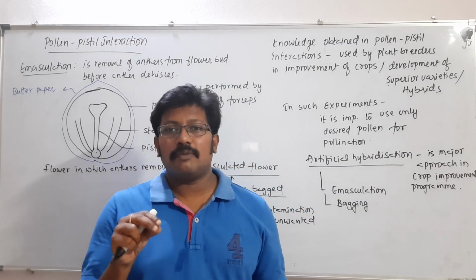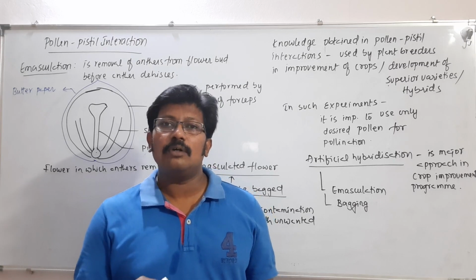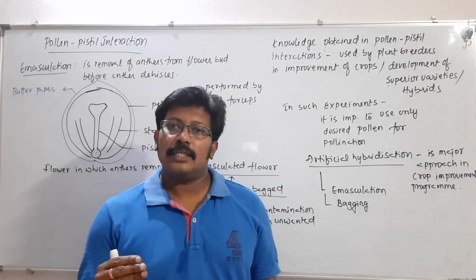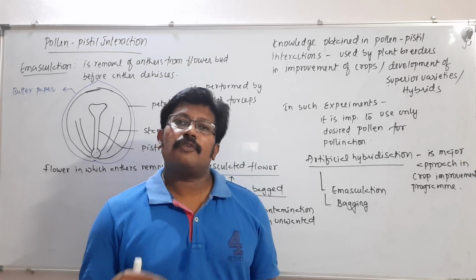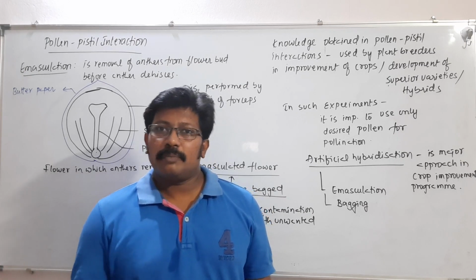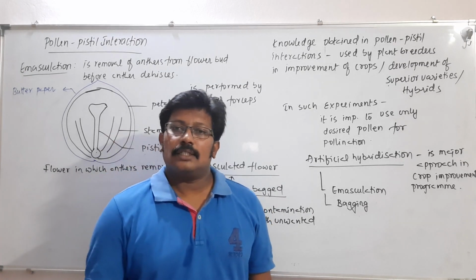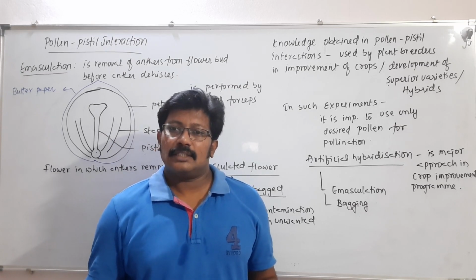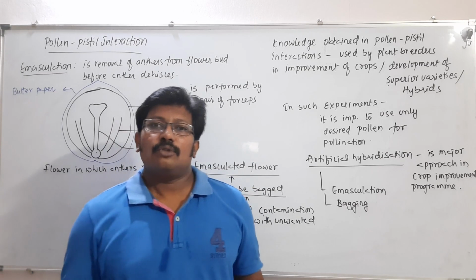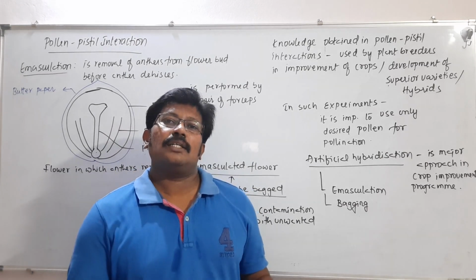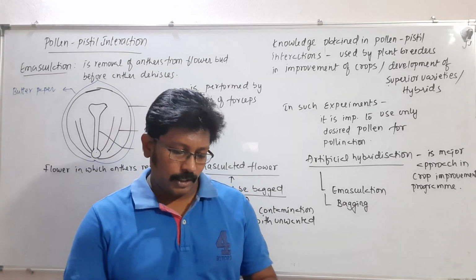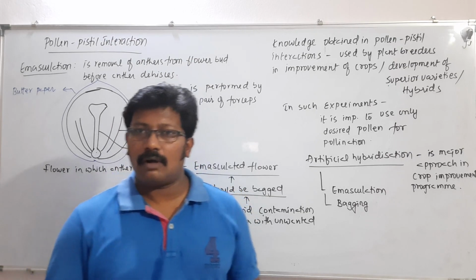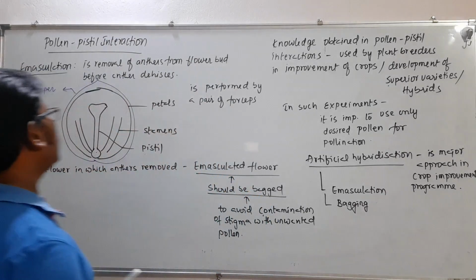We should know the female parent and also the male parent, and pollen will be selected from plants that have some superior qualities, including the female too. So the female and the male, whatever good qualities they have, those good qualities will be combined and form a new variety, and that is what we call a hybrid.